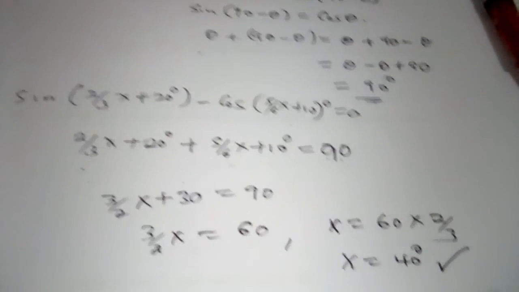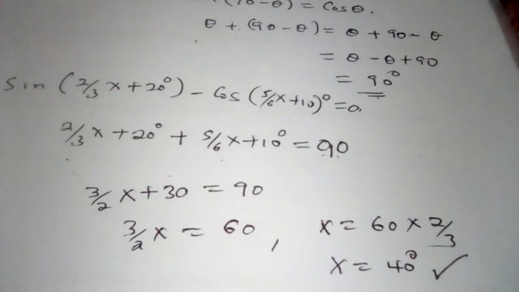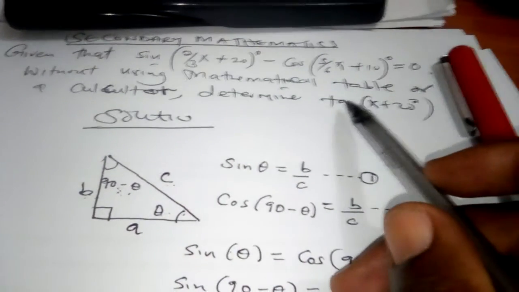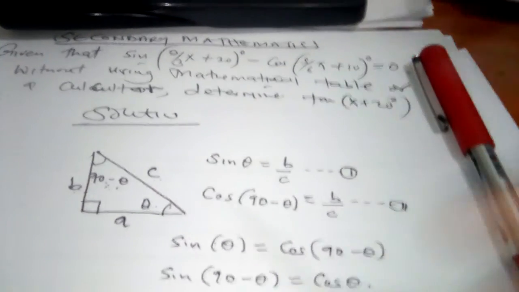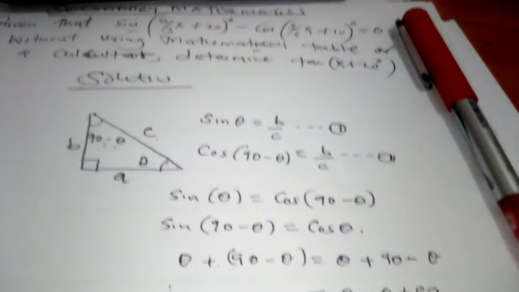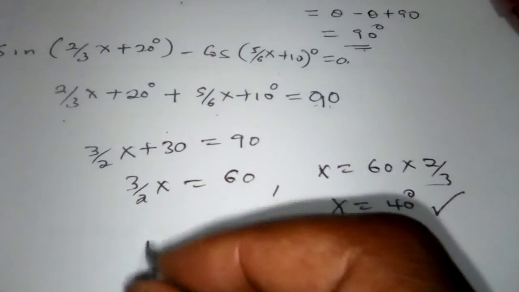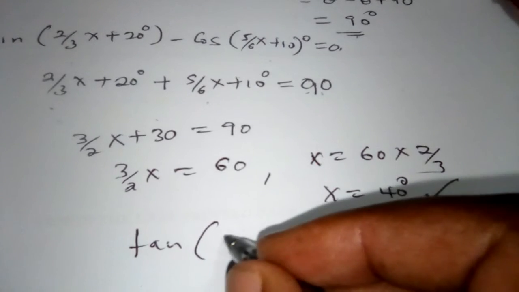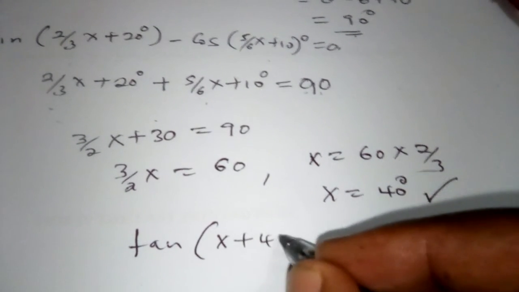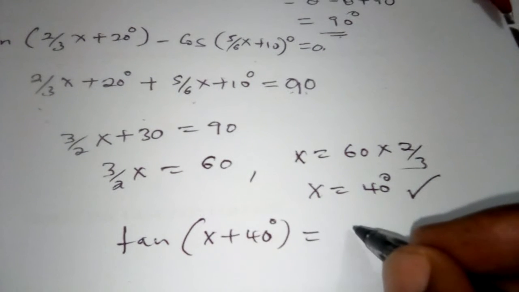So the first thing is to get the value of x, so that when you go back to the question where it asks for the value of tan of x plus 20, and in this case we are not using a calculator, you'll be able to get the correct answer. So what is tan of x plus 20 degrees?